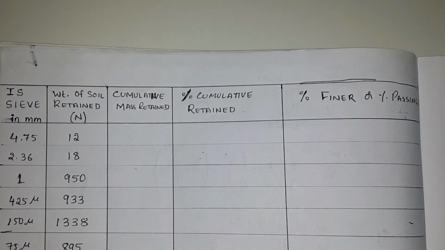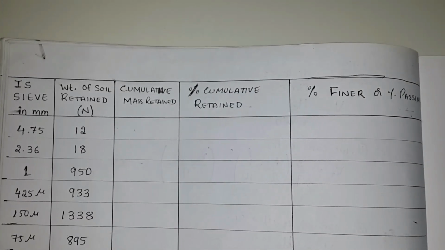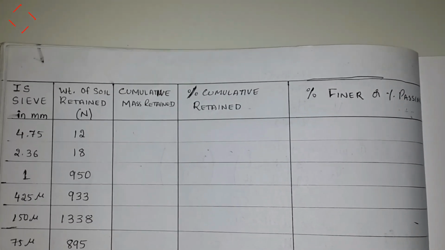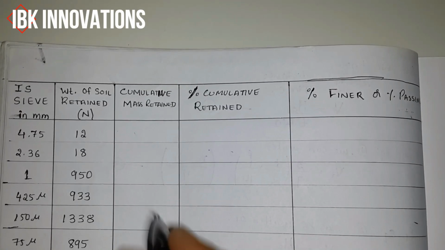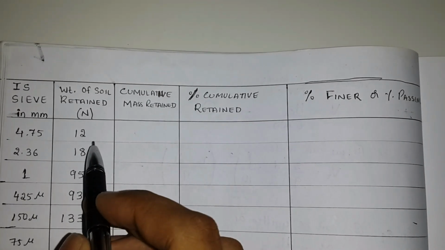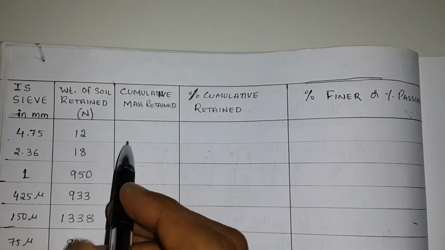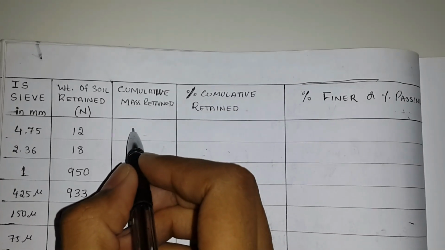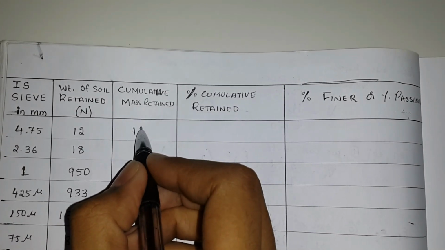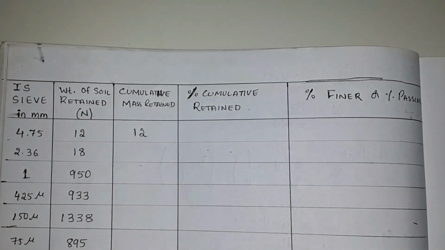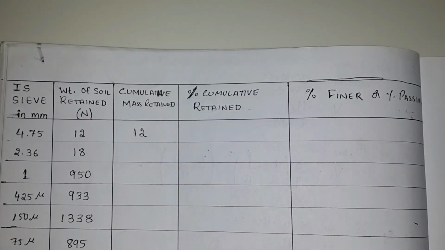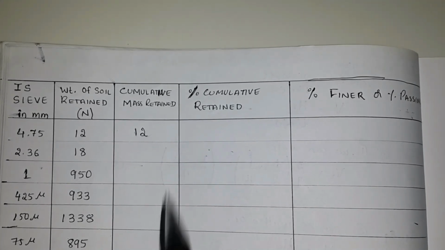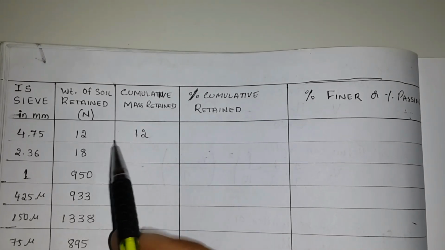First, let us find the cumulative mass retained. First we write the weight of soil retained as it is in the cumulative mass retained column, that is 12. For the next value we add the cumulative mass retained to the next weight of soil retained.